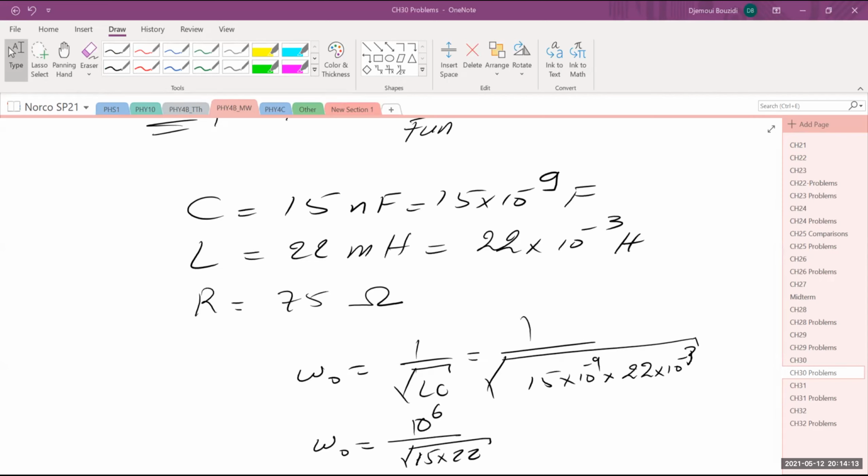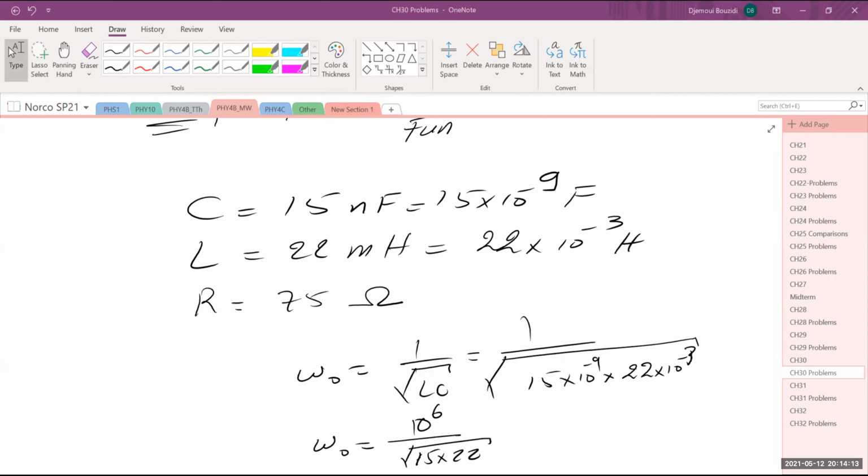It says 0.055, so this is 0.0550 times 10 to the power 6. Obviously, I have 1, 2, 3, so it's 55 times 10 to the power 3 radians per second, or 5.5 times 10 to the power 4 radians per second. So this is omega naught.